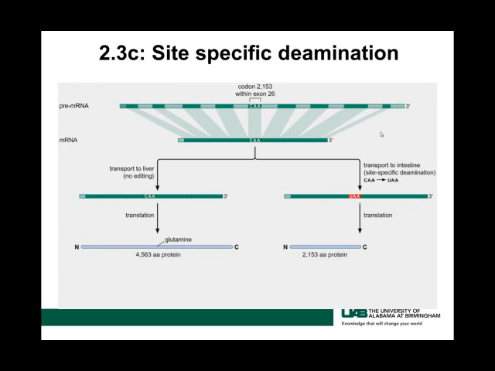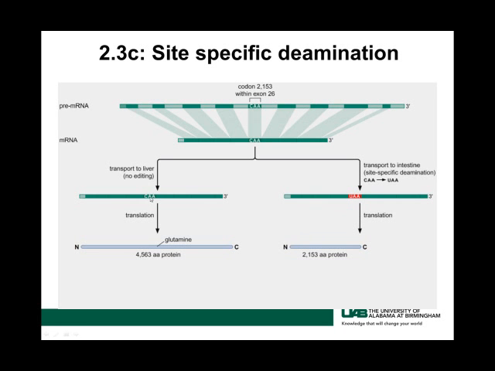Again, the question that I posed in the previous slide is, how can deamination be lethal? Okay, well, it can be lethal this way. When you have a codon CAA that codes for glutamine, if you were to modify that messenger RNA using a deaminase enzyme and you deaminate cytosine to uracil, you're going to convert that codon from CAA to UAA.